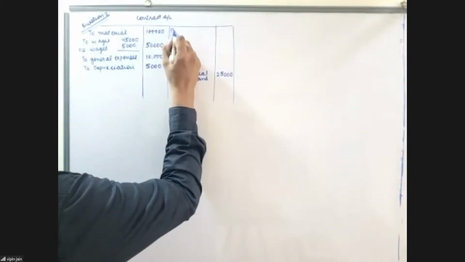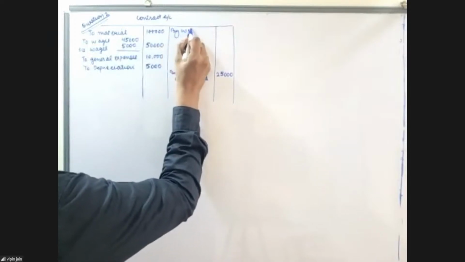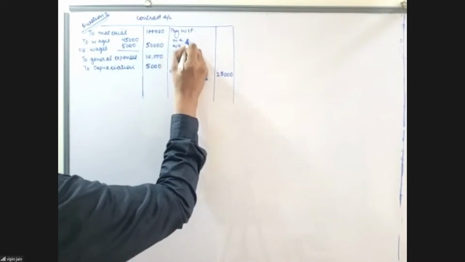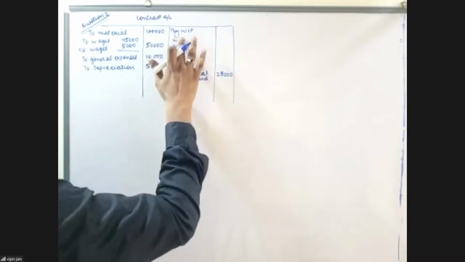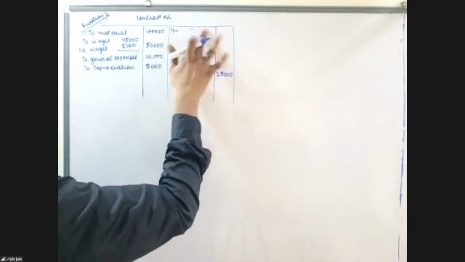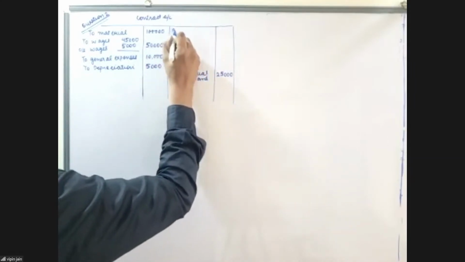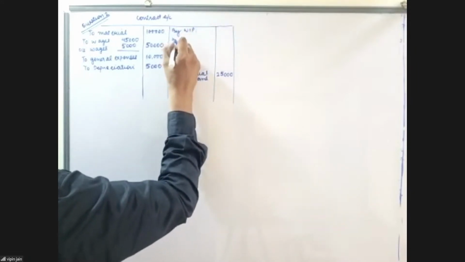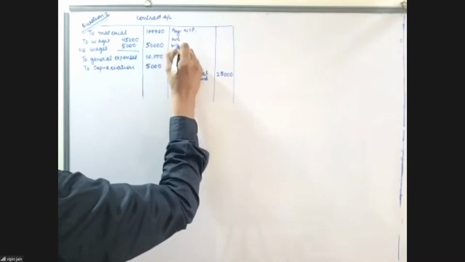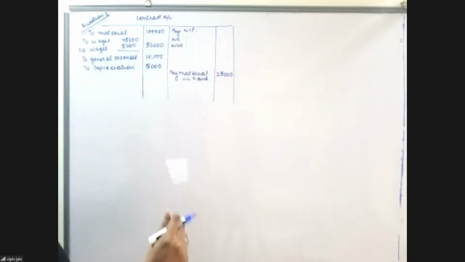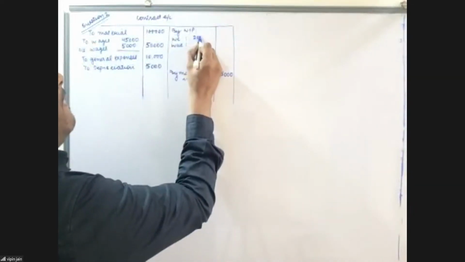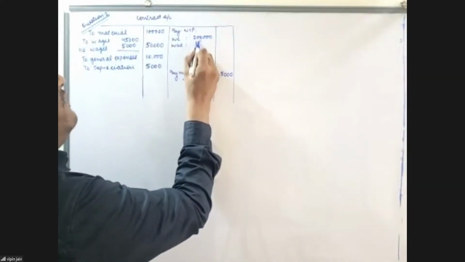So by work in progress, writing the short form because of space constraint. My work certified is 2 lakh. And this is 15,000.